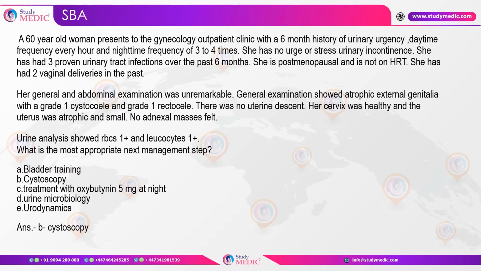Microbiology is not really going to help you because it is showing RBCs. So whenever RBCs are seen, always think of any sinister change, and to rule out that sinister change, cystoscopy is always advised. Any woman showing hematuria, please choose cystoscopy as the first option.